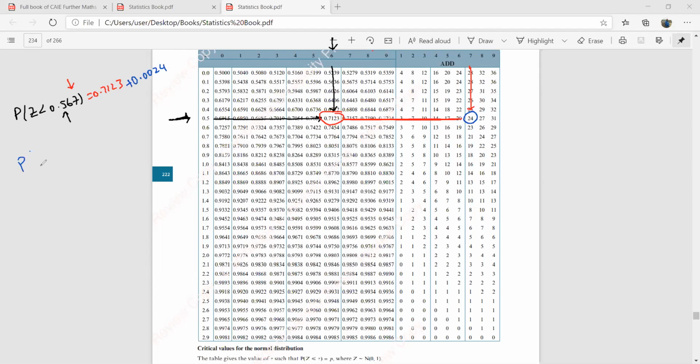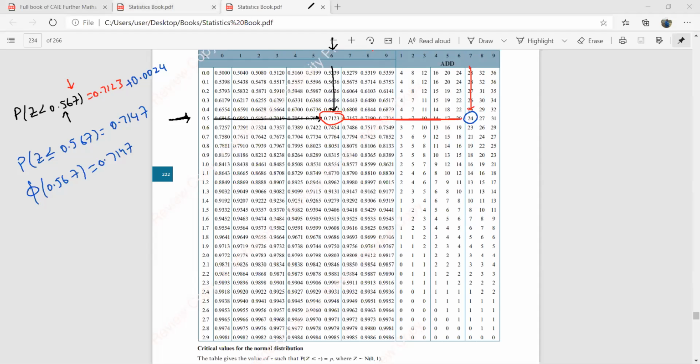That is how you will be using this table. So the probability that Z is less than 0.567 is going to be 0.7147. The probability that any mark is less than this is 0.7147, and this is also written as phi of 0.567. Please be very alert, very attentive here.